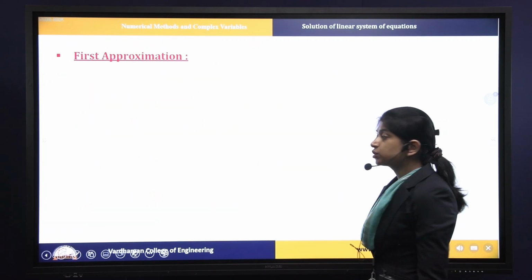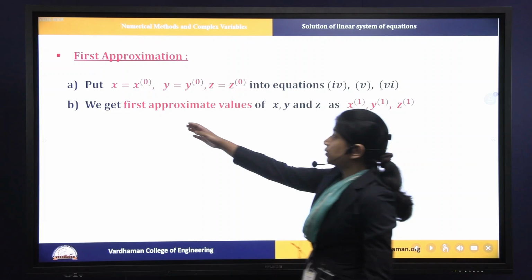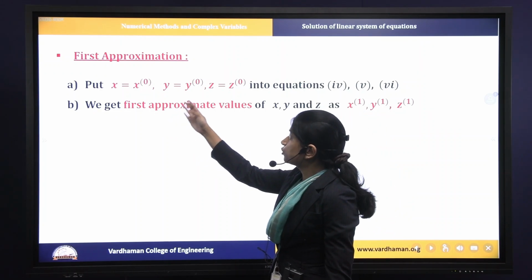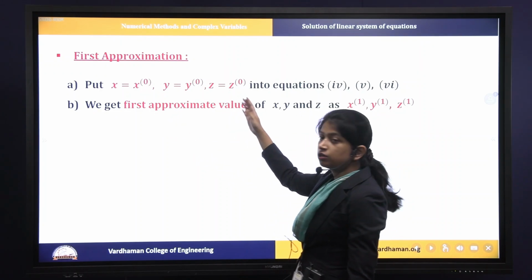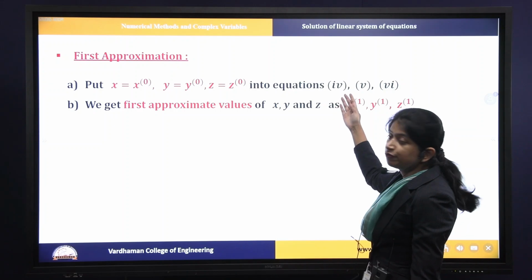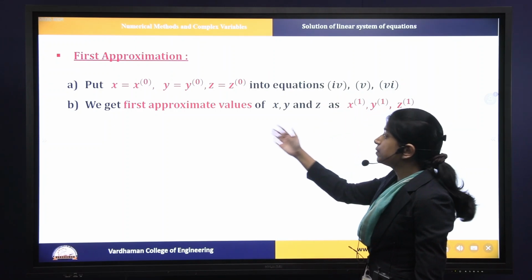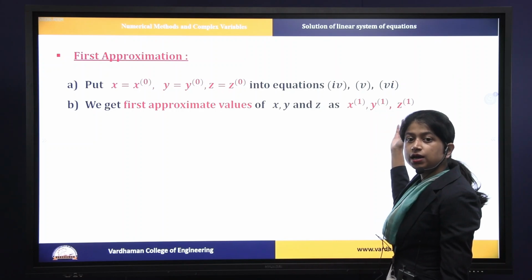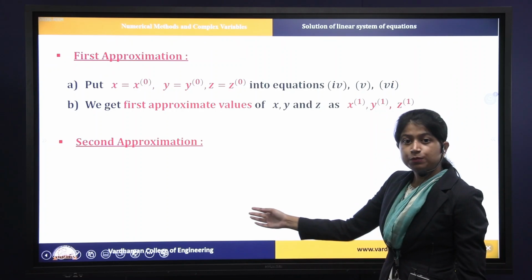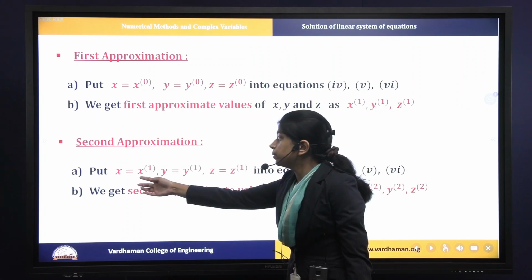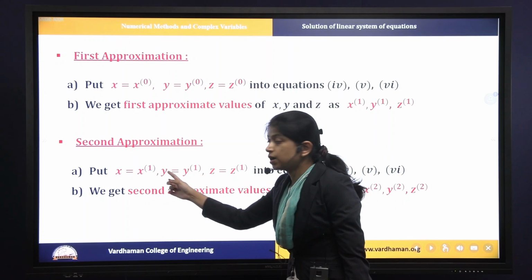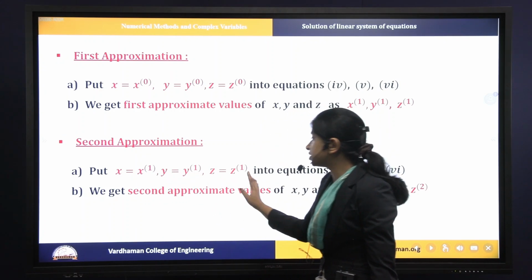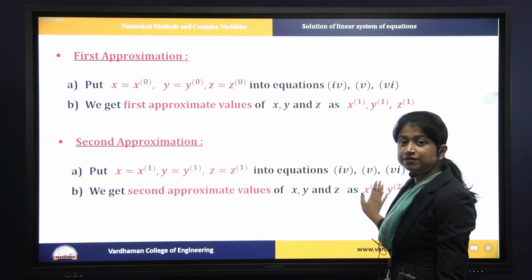Now the first approximation is given by, we will put x equal to x0, y equal to y0, z equal to z0 which are 0 in equation 4, 5 and 6. And we will get the first approximate values as x1, y1 and z1. Now the second approximation, in the similar way, we will use x equal to x1, y equal to y1, z equal to z1 in the equation 4, 5 and 6.